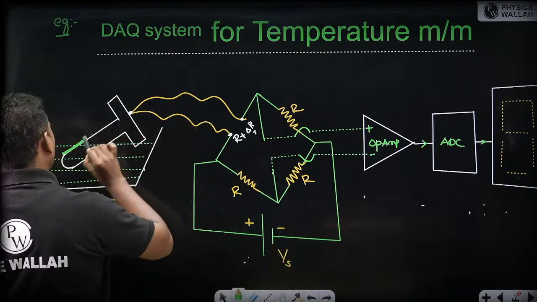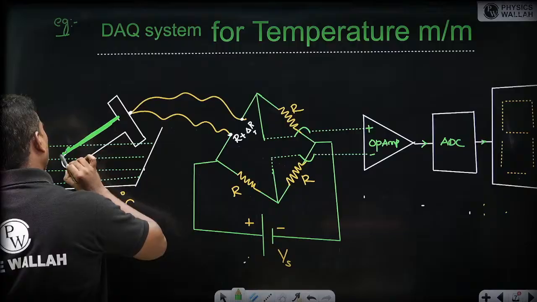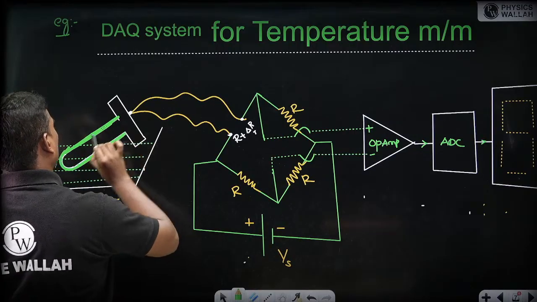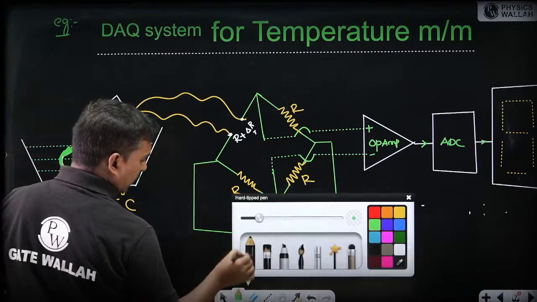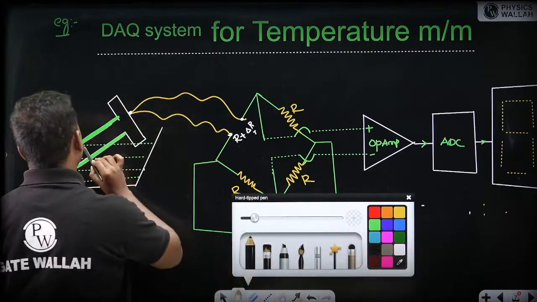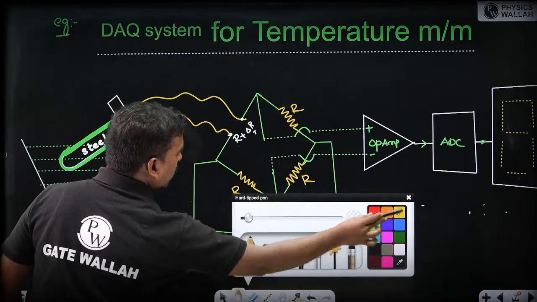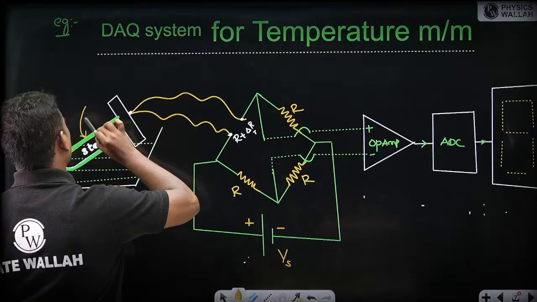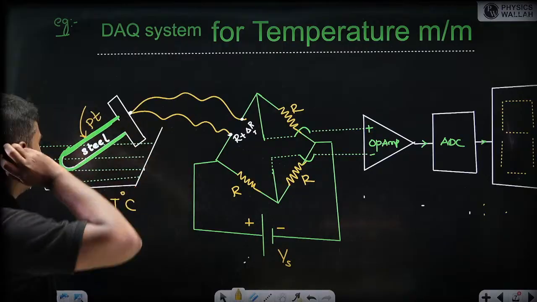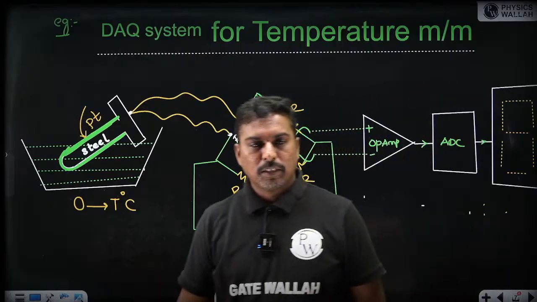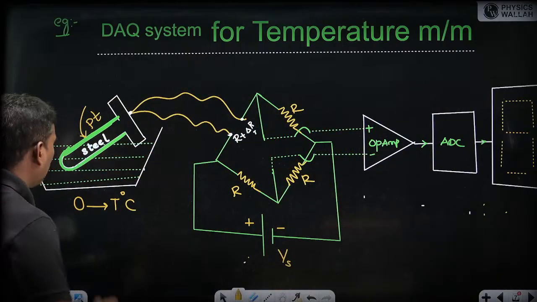This is the steel rod, for which we are achieving the platinum coating. As platinum, this particular RTD works.